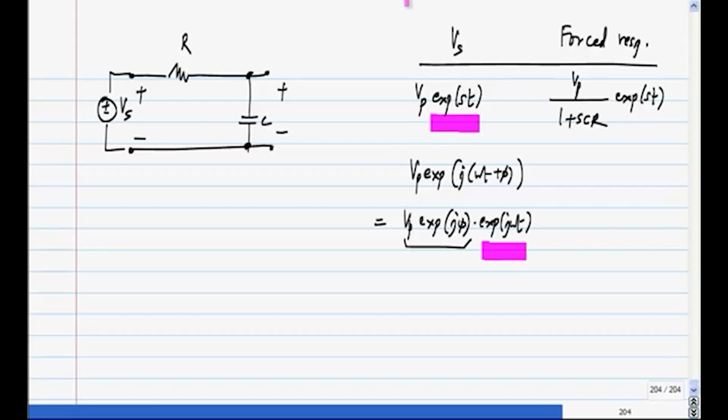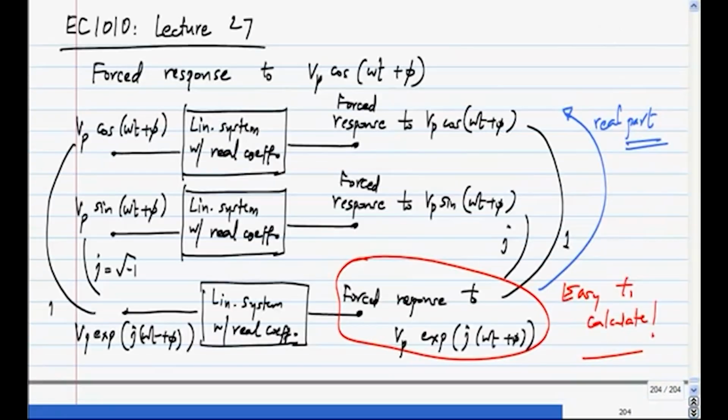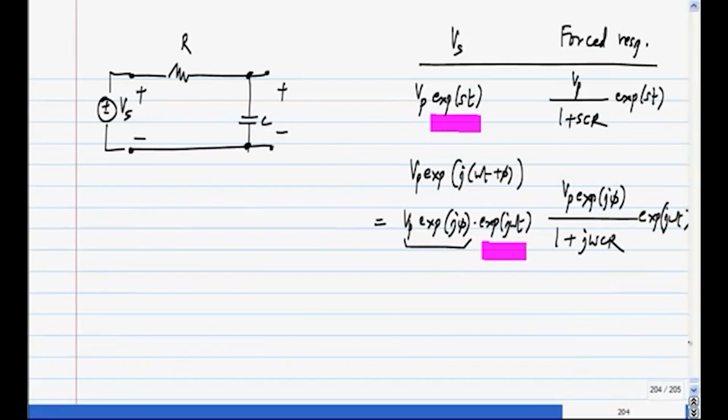So this whole part multiplies exponential j omega t. What's the response now? Vp exponential j phi divided by 1 plus j omega CR, times exponential j omega t. Or I could put these together: Vp exponential j(omega t plus phi), the original exponential, divided by some complex number.